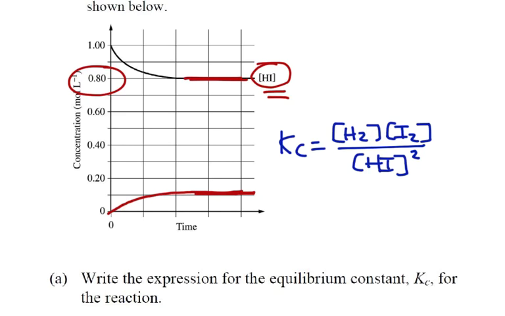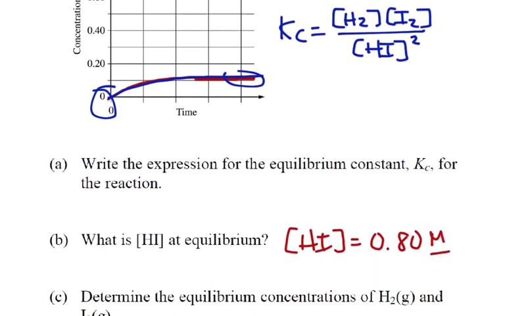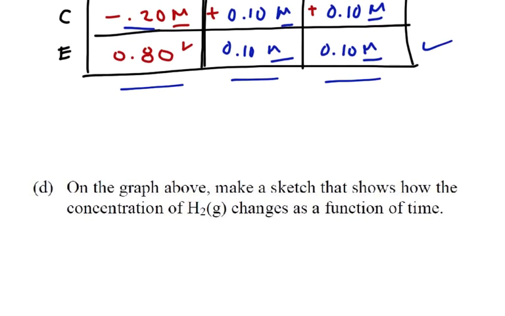So we're looking for, are you starting at 0? Are you ending at 0.1? Because since it's a 2 to 1 ratio, we only make half as much as the HI. And then do we draw a nice line that gets us there. So we've answered this question.